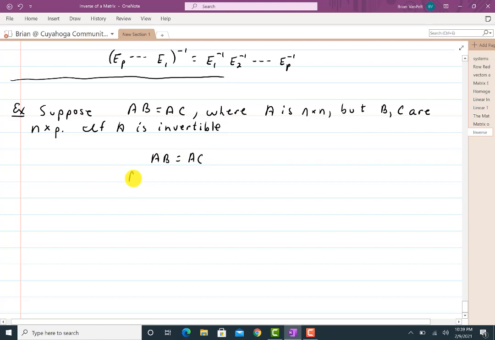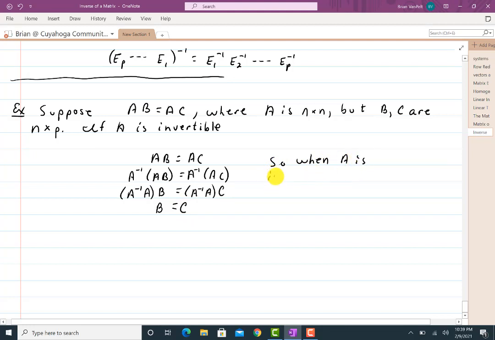I can multiply both sides by A inverse, and then regroup to get that B is equal to C. So when A is invertible, we can cancel it, just like you would with real numbers.